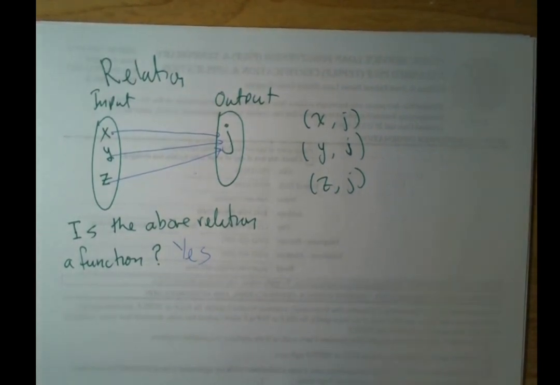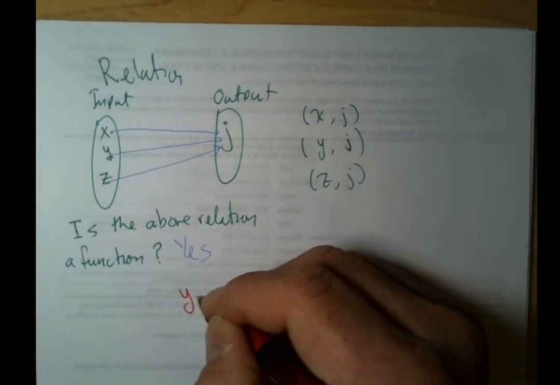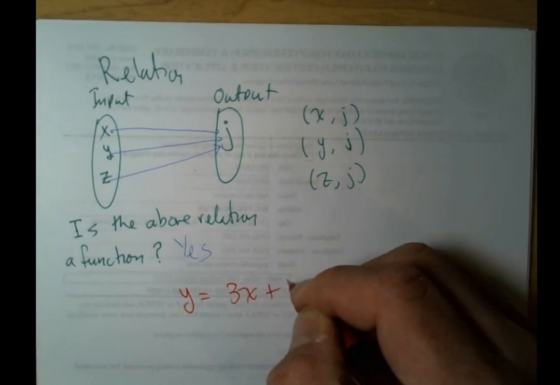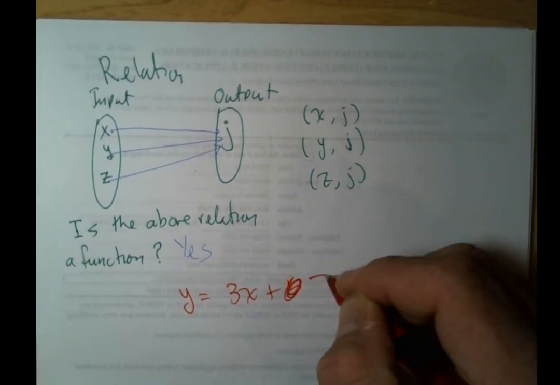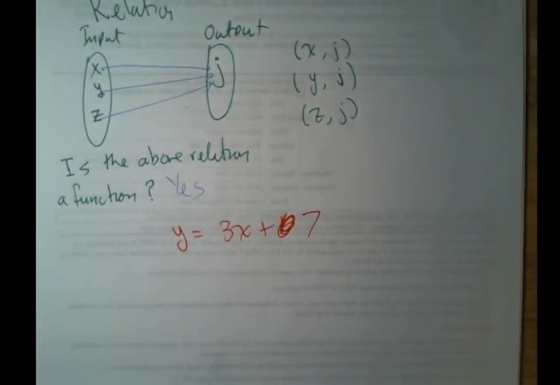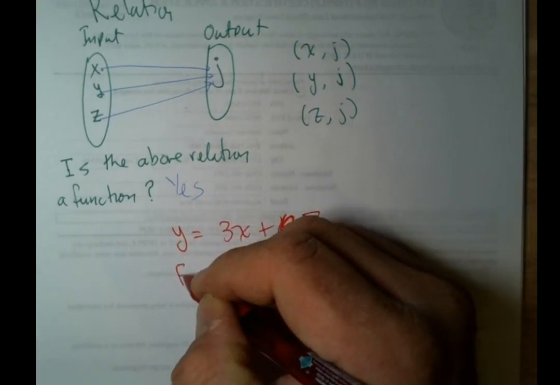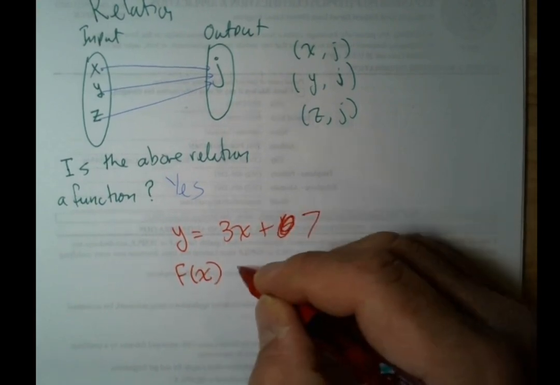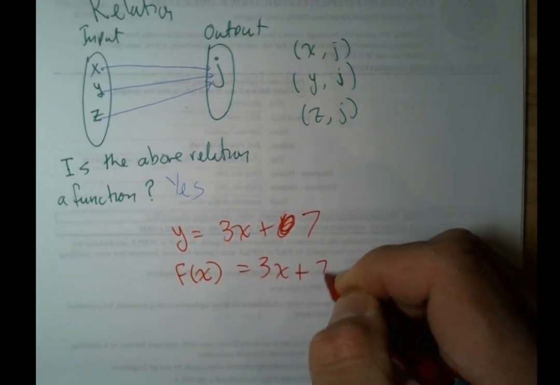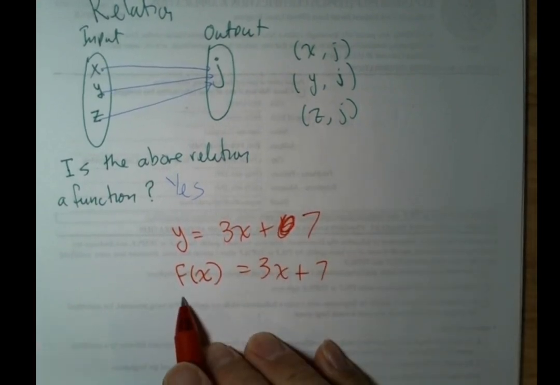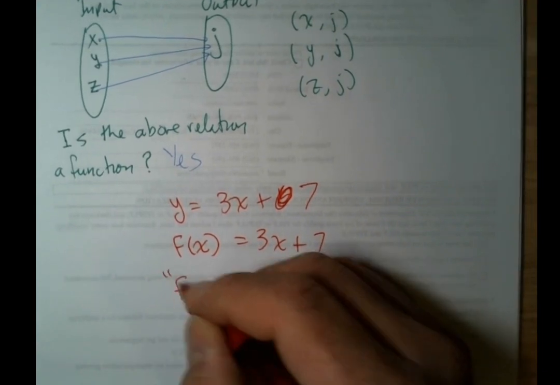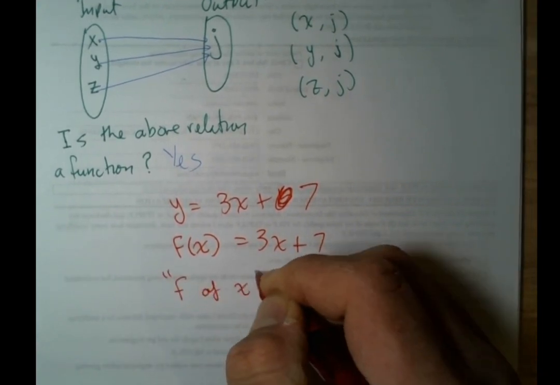Now, moving forward, I think we've all been used to using, let's say, y equals 3x plus 7. When we're dealing with functions, we're going to use this notation interchangeably. We'll probably use this notation here, which is read as f of x.